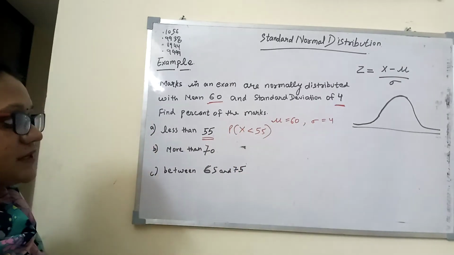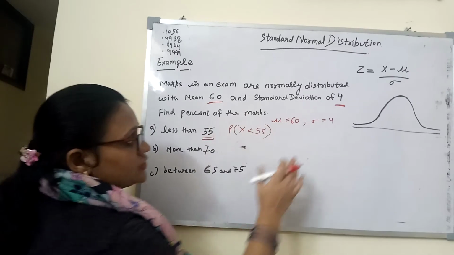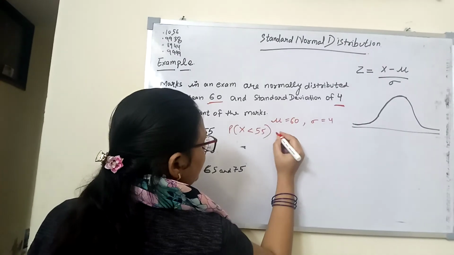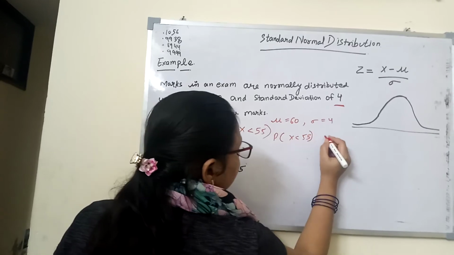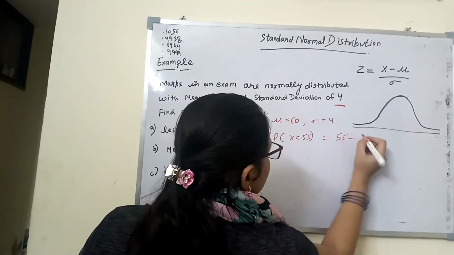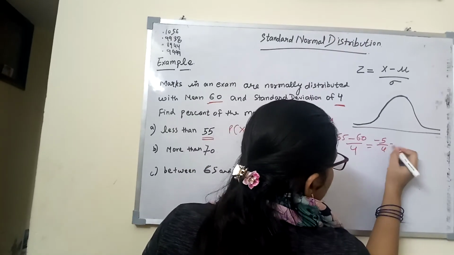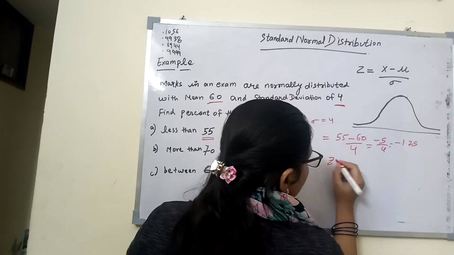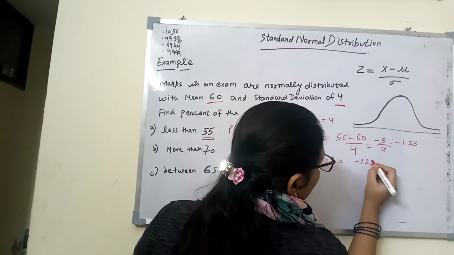The first step is to substitute all the values in the z score formula. So our z score value is minus 1.25.